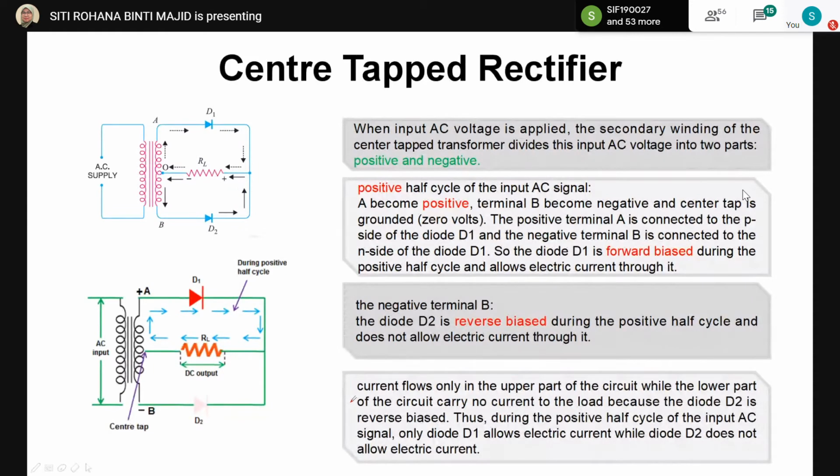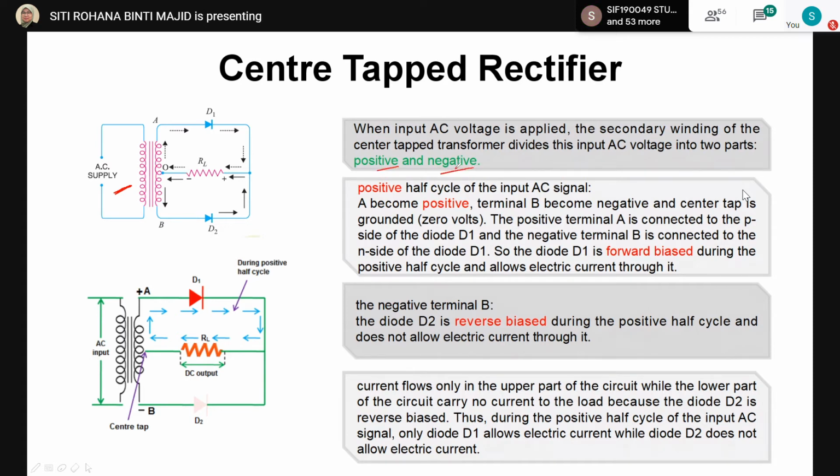These two diagrams are similar, and when we put the AC supply to here, the secondary winding of the center tap transformer will divide this AC input voltage into two parts, the first one positive and the second one negative.